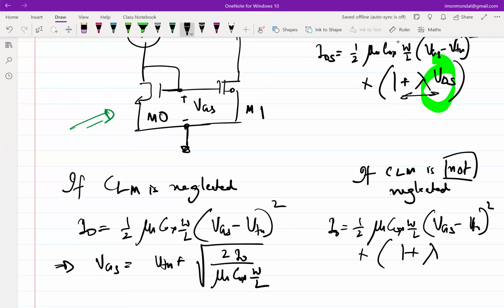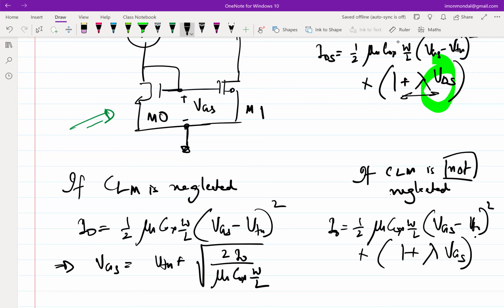Drain to source or gate to source? Yes, drain to source, but as it turns out, the drain to source and the gate to source are identical for M0. So essentially this becomes gate to source also. So you see now this becomes a power 3 equation, a cubic equation, and a cubic equation is a mess. I don't want to handle cubic equations.